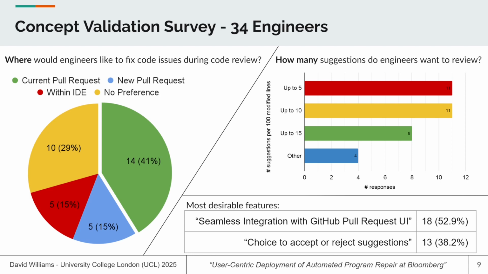The graph on the right indicates how many suggestions engineers would be willing to review on a pull request. Most responses lay between 5 and 10 suggestions, meaning that while developers are definitely willing to review such suggestions, tools need to adopt a quality over quantity approach and try to suggest patches which will almost always be useful. This study informed our implementation priorities and gave us the go-ahead to start developing a prototype of BAssist.